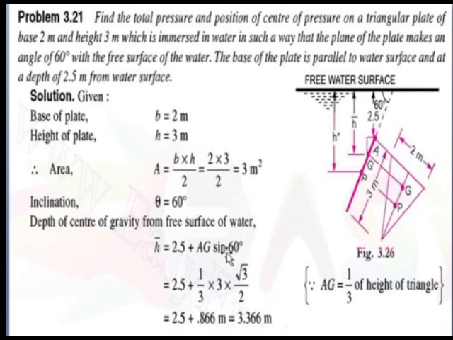By putting the value we get h bar as 3.366 meter. Then we have to find out the total pressure and the position of center of pressure.